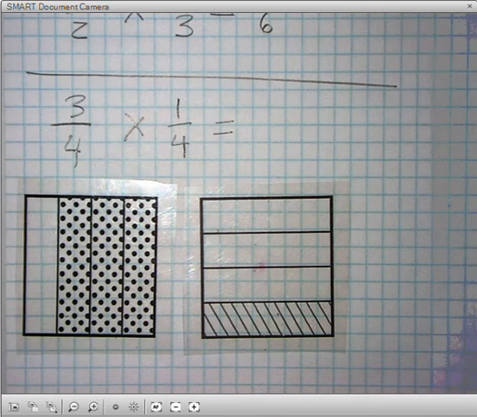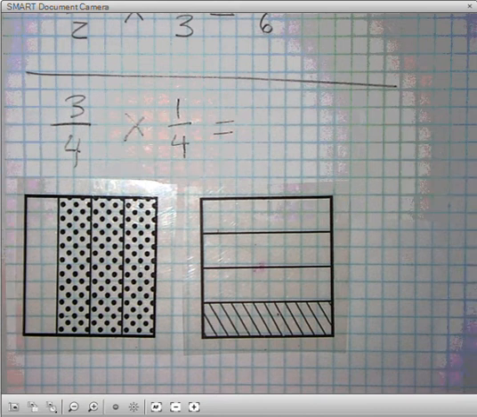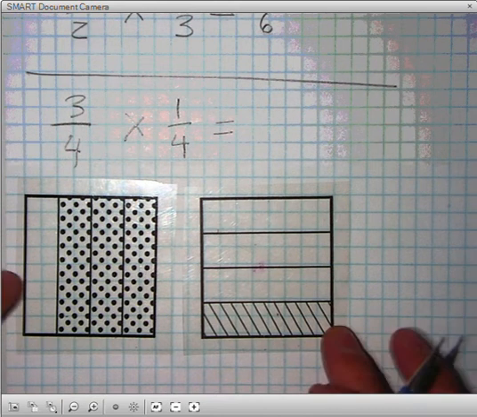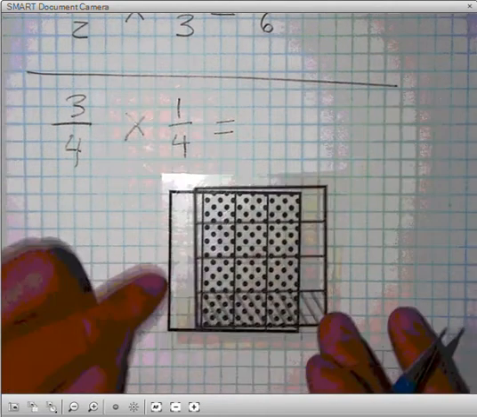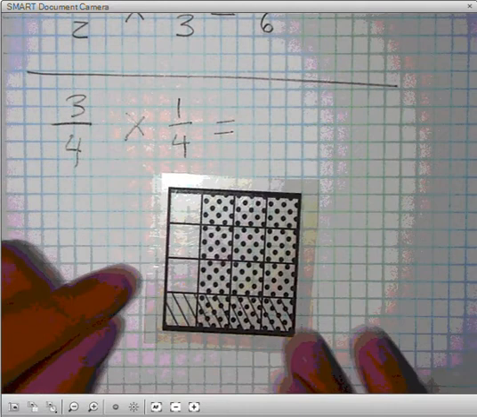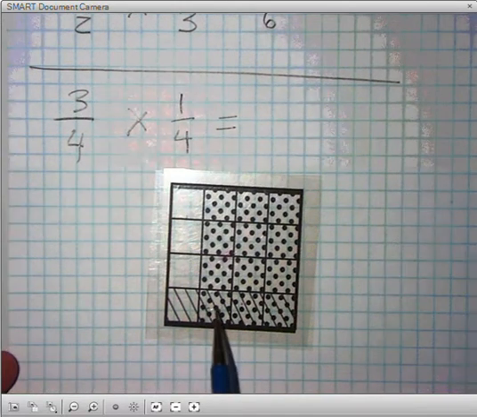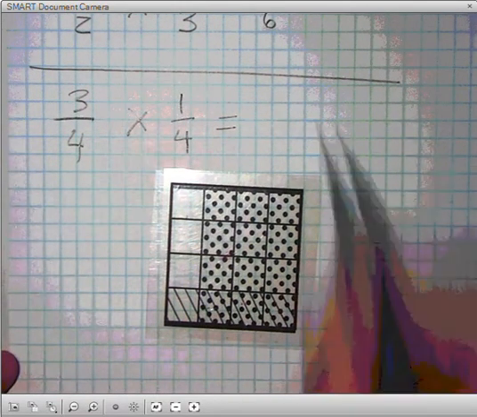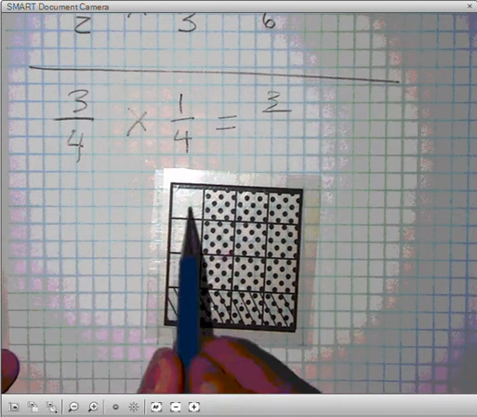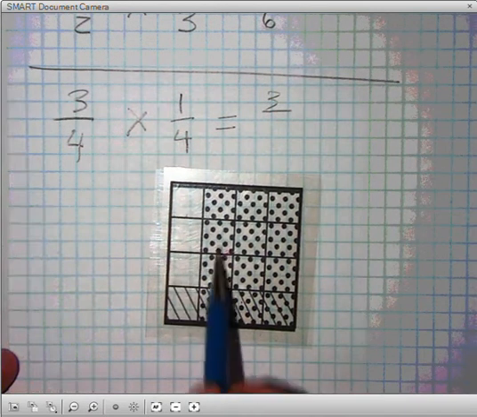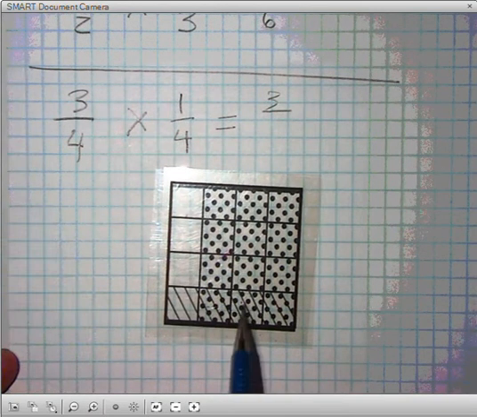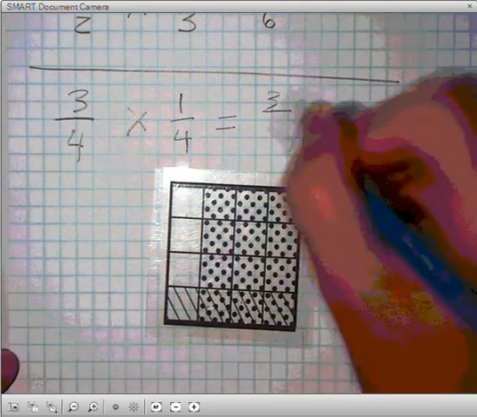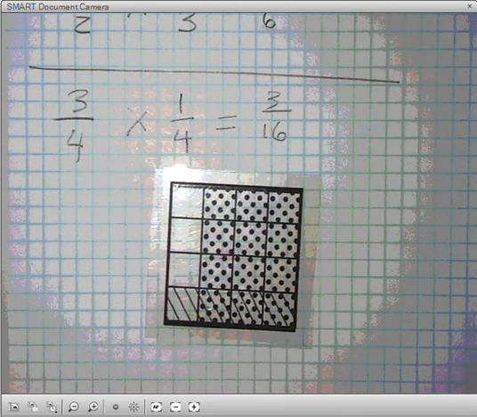Emma? I got 3/16. So let's lay these on top of each other and see what we get. How many have both polka dots and stripes? 3 of them. And there's 1, 2, 3, 4, 5, 6, 7, 8, 9, 10, 11, 12, 13, 14, 15, 16. So 3 out of 16.